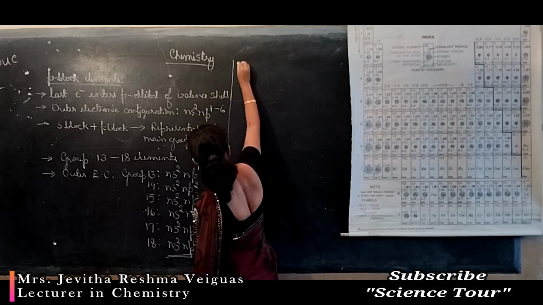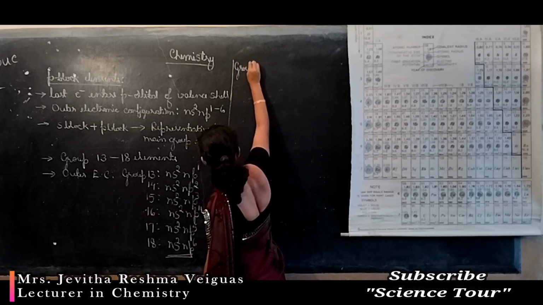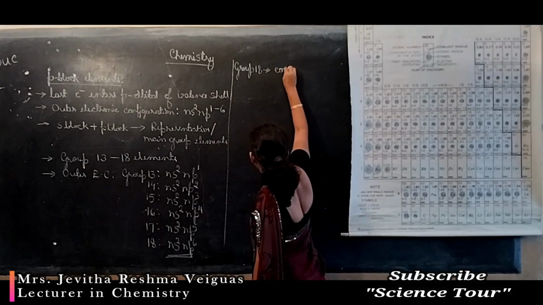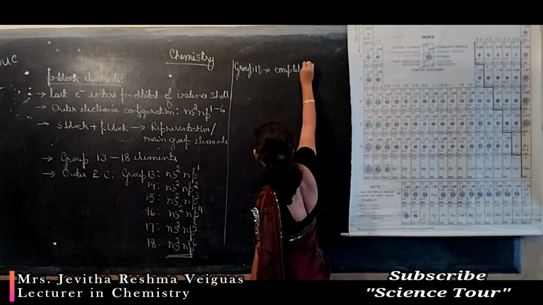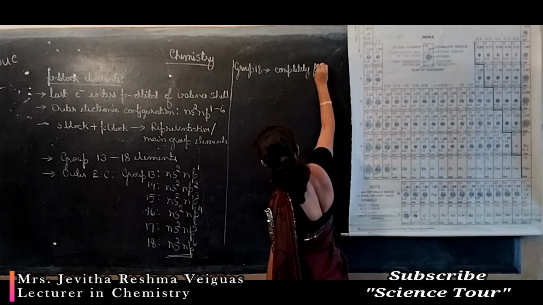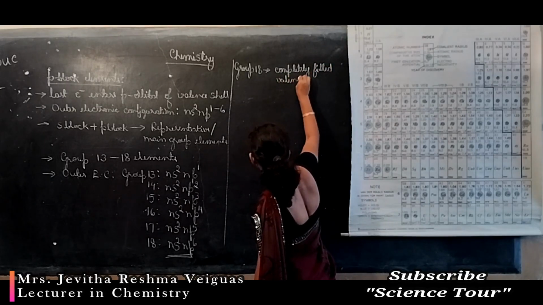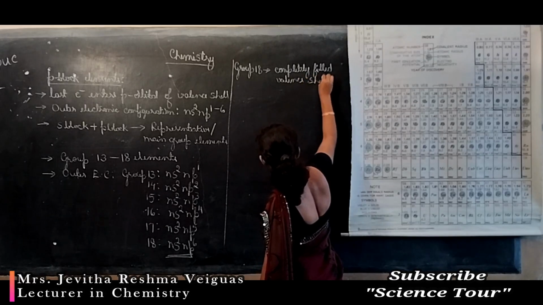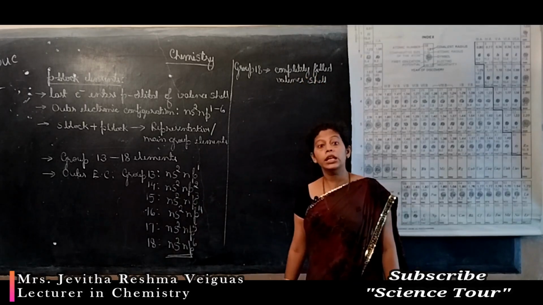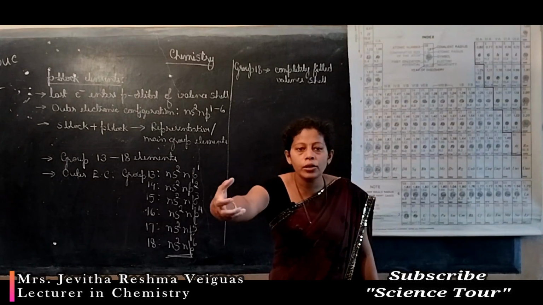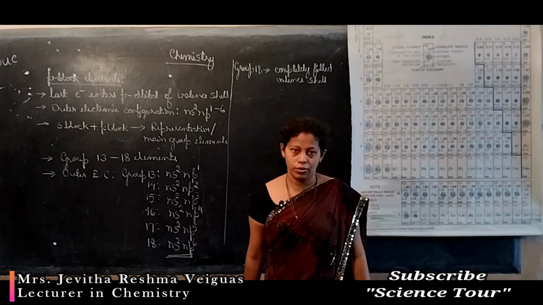So group 18 has an octet electronic configuration, or they have a completely filled valence shell. Since they have a completely filled valence shell, they do not donate electrons, they do not accept electrons. Why?